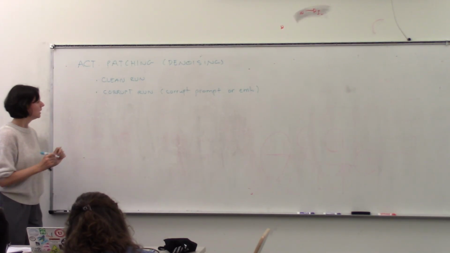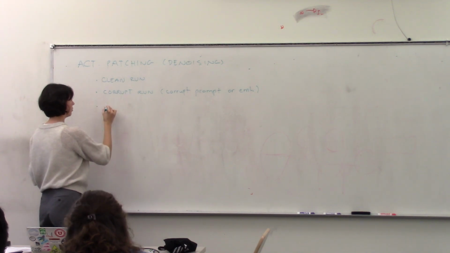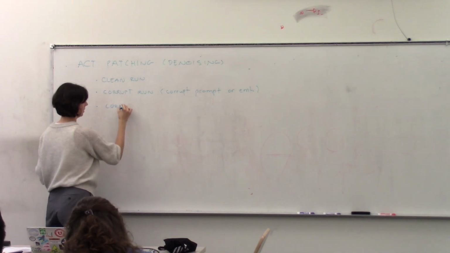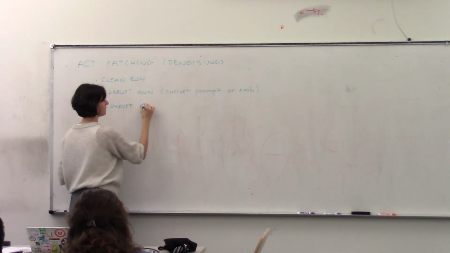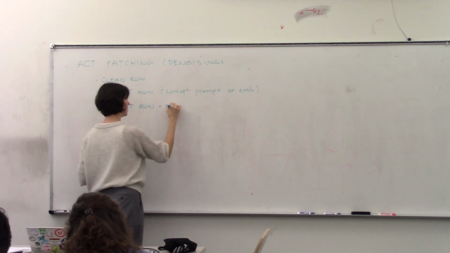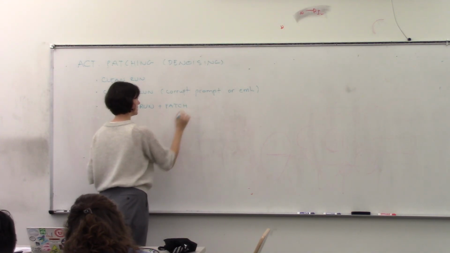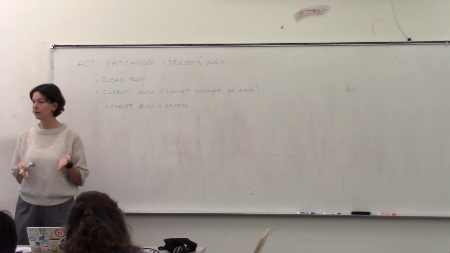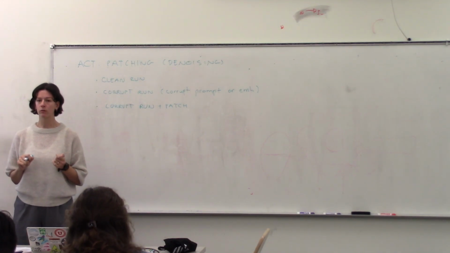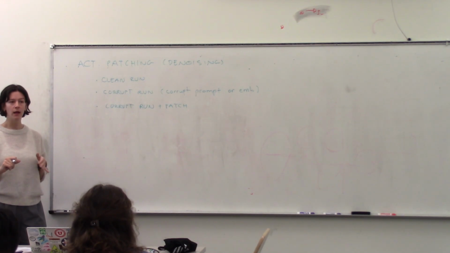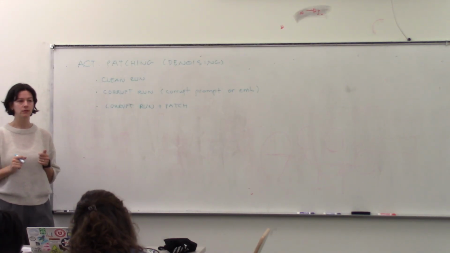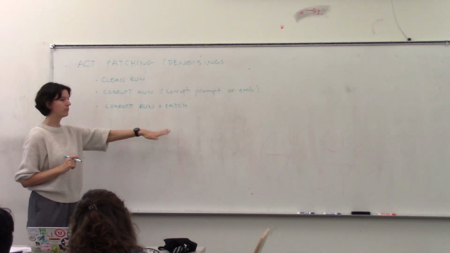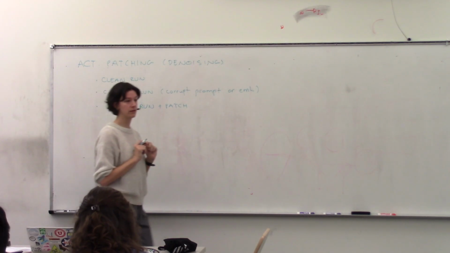And then we have the corrupt run plus patch, where we take the output of a certain component, a certain MLP or attention head, and we replace the representation coming out of that component with the associated representation in the clean run.